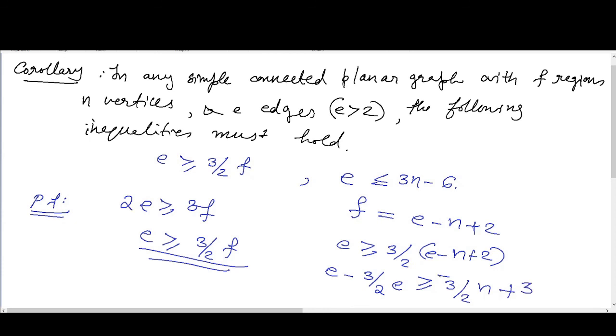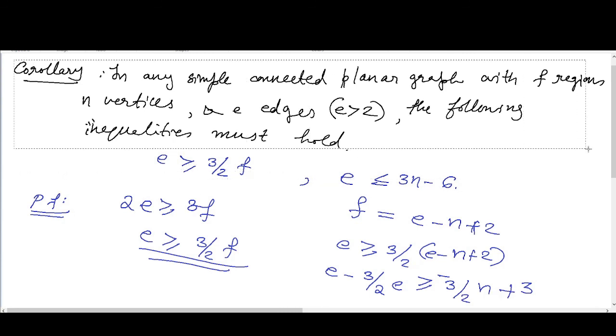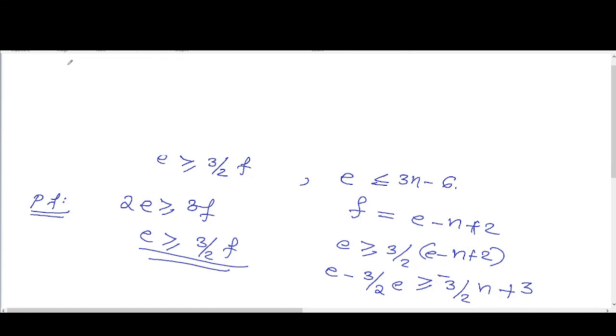Now 1 minus 3/2 means minus 1/2. So minus e/2 is greater than or equal to minus 3/2 n plus 3.